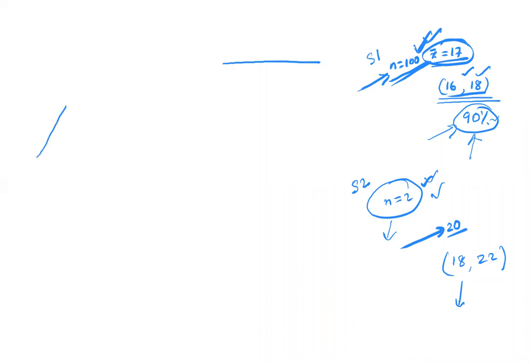So let's say this is the population distribution, meaning sample size n is equal to 1, right? Very simple. When you take a sample of 100, what happens to this distribution? Does the average change?